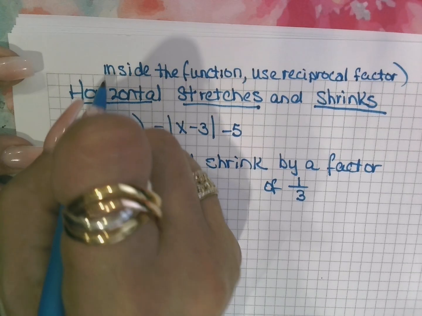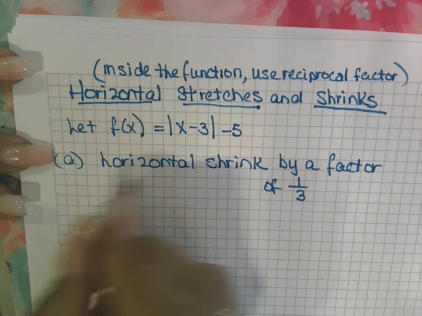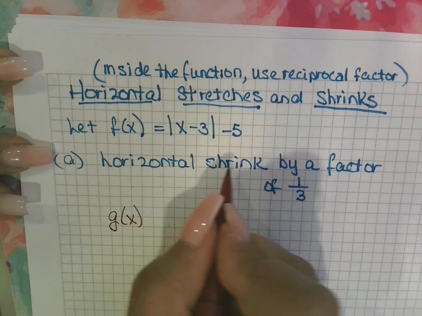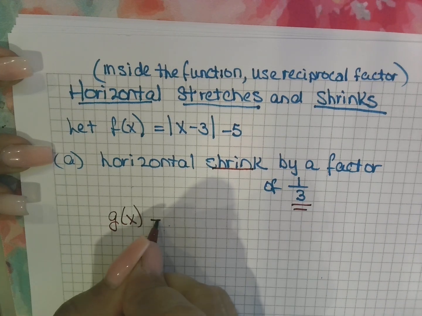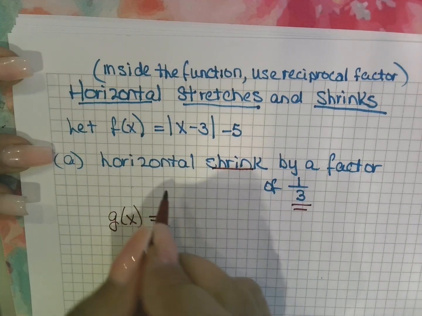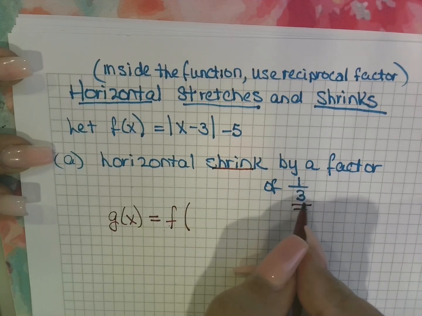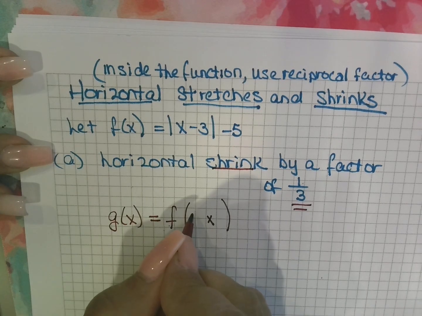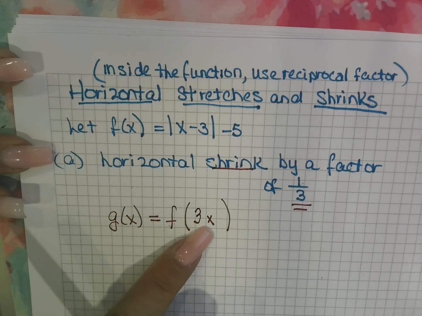All right, so let's see what all of that means. Let's call the function g of x. I want the function to be a horizontal shrink by a factor of 1/3. So that is going to happen inside the function, but instead of 1/3 being multiplied by x, I'm going to multiply it by its reciprocal, which is 3x. So g of x equals f of 3x.